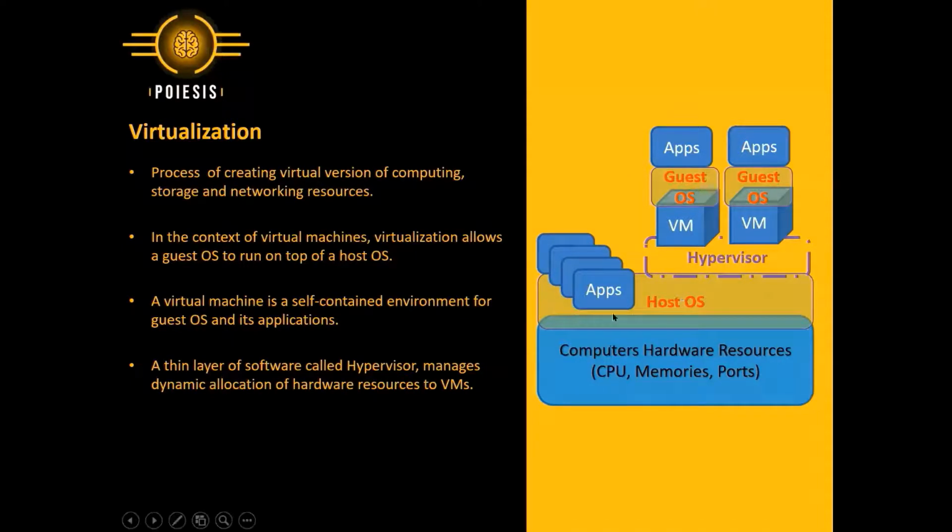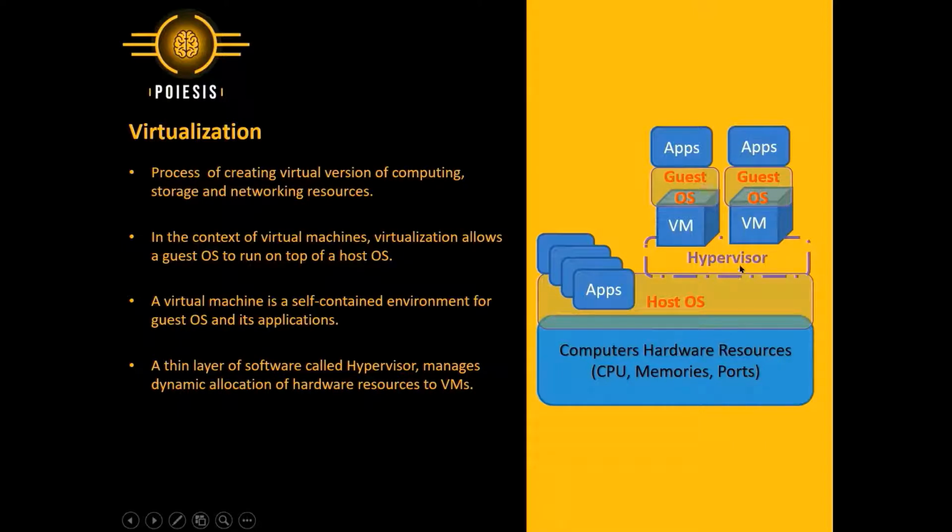As depicted in this picture, an operating system's job on a computer is to manage the sharing of hardware resources amongst applications. The OS provides controlled access to applications to use CPU, memory, and ports.